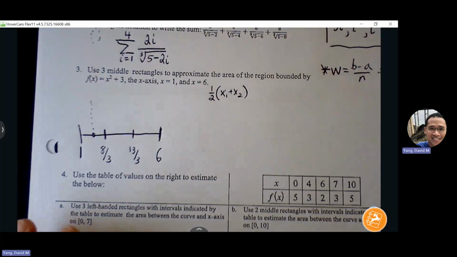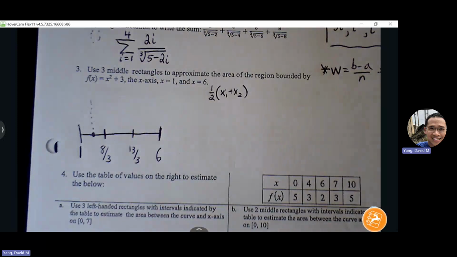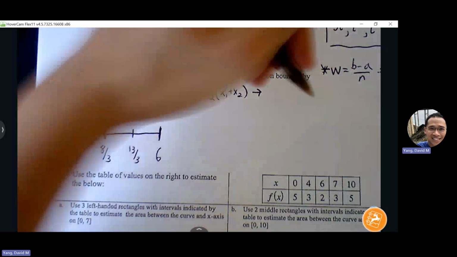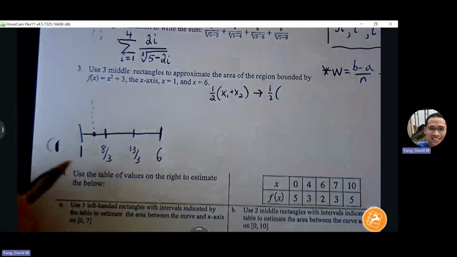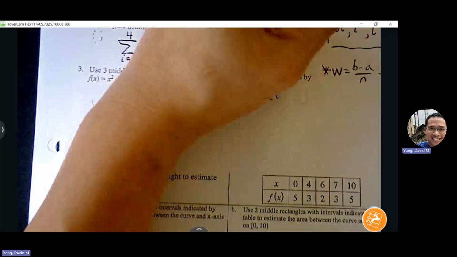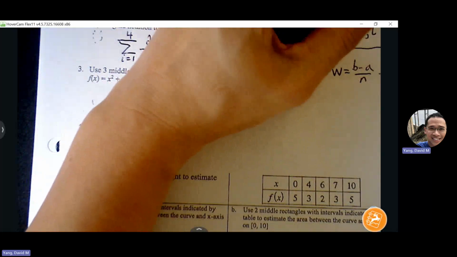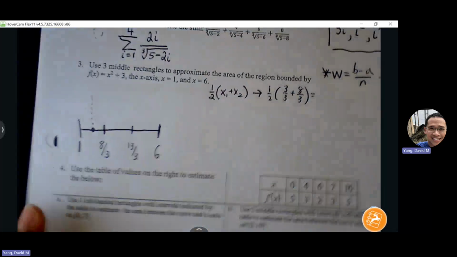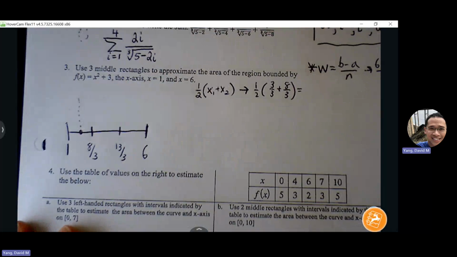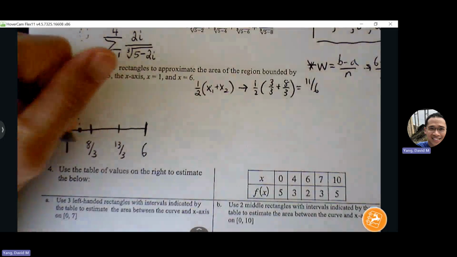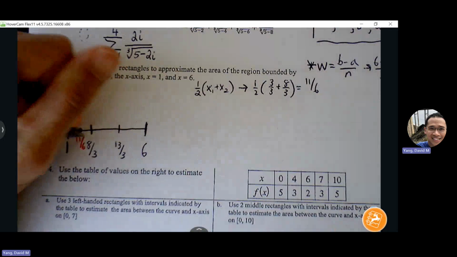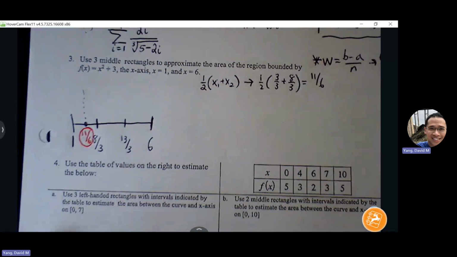Dividing by 2 is the same thing as multiplying by 1/2. It doesn't really matter if you're using your calculator, but without a calculator, I feel it's easier to multiply by 1/2. So 1 is the same thing as 3 over 3, right? 3/3 plus 8/3 gives 11/3. 11/3 times 1/2 is 11 over 6. So 11/6 is the midpoint that I'm going to plug in to get my height.